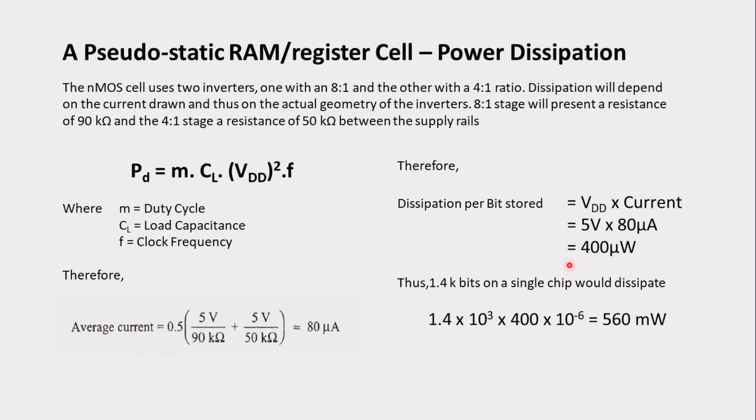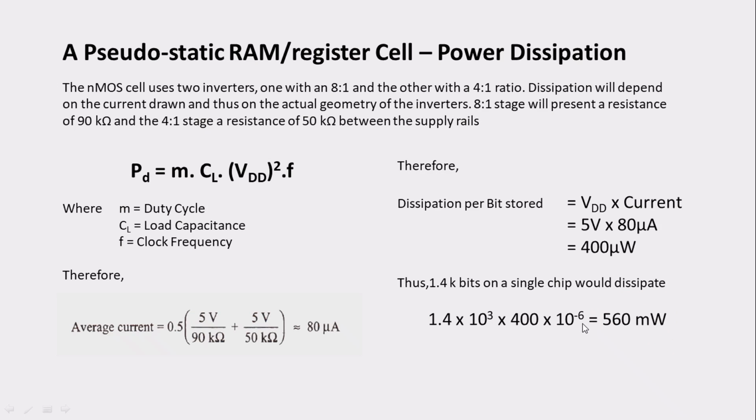So this power is meant for what? It is meant for one bit to be stored. This much power is going to be consumed. As we know, we have 1.4 kilobits, so the total power we will get is going to be 560 milliwatts. So for a 4 mm chip area, this much amount of power will be dissipated.